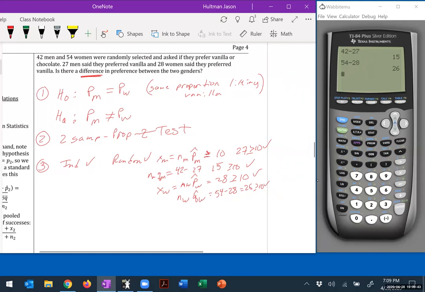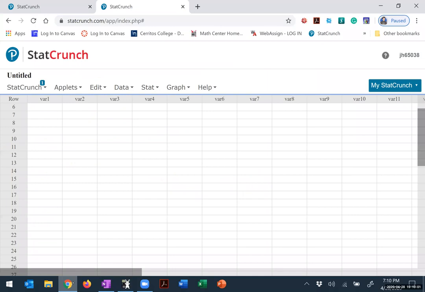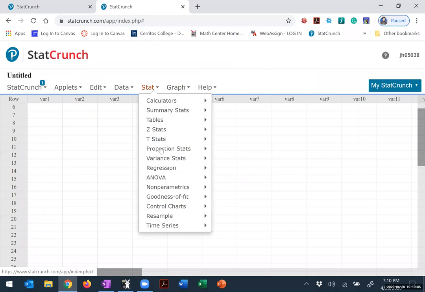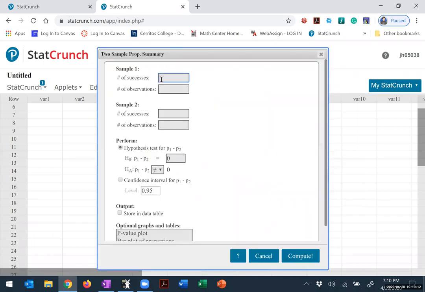Okay, now we're going to use the calculator or StatCrunch to run the numbers. So maybe we'll go back to StatCrunch real quick and do the hypothesis test this time. So we're going to go to Stat, Proportion, 2 sample, with summary. This time we're going to compare men to women.